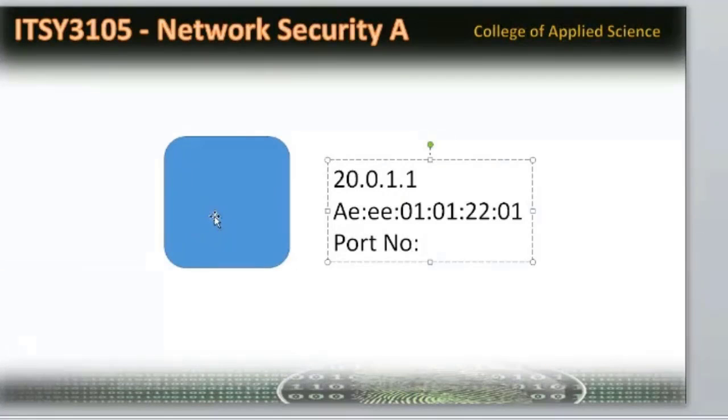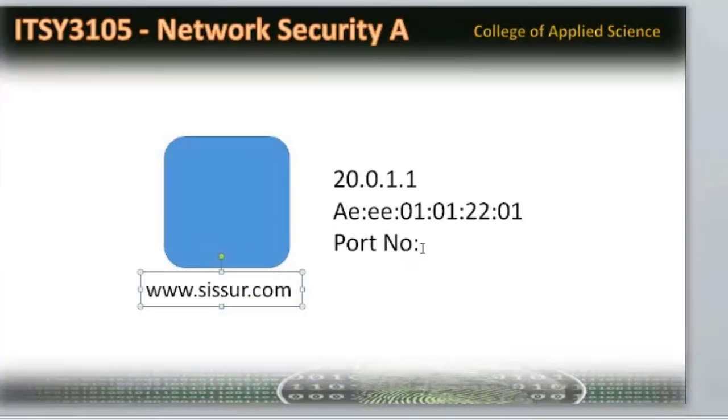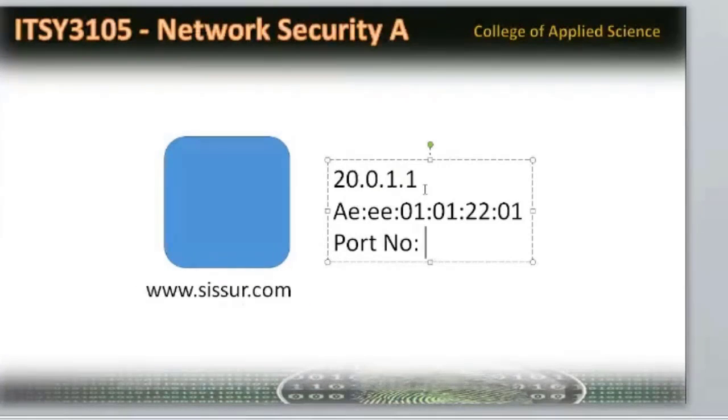For example, this is a web server, www.sissuite.com. This is the host name of this machine, and many people want to access this site. For this machine I have to fix port number 80.